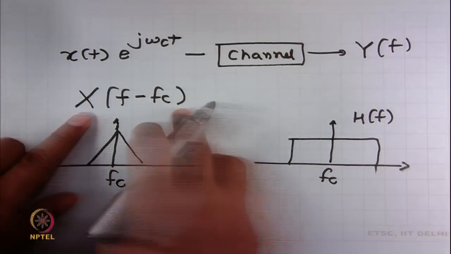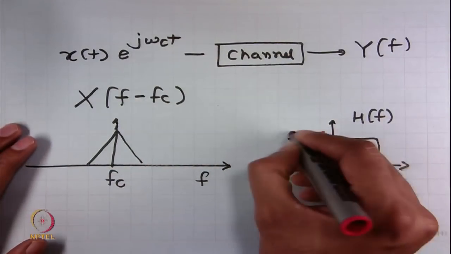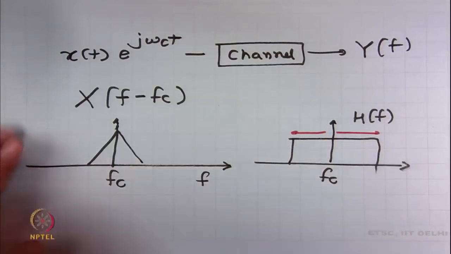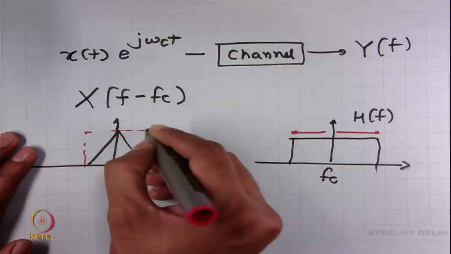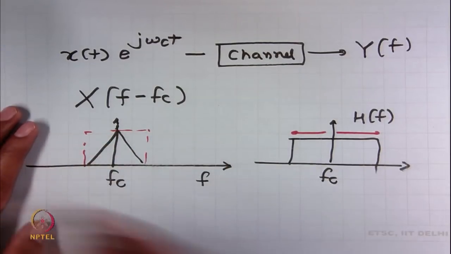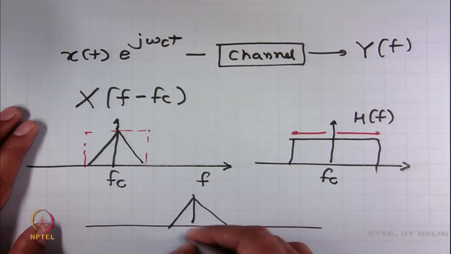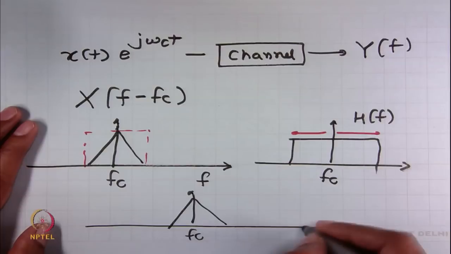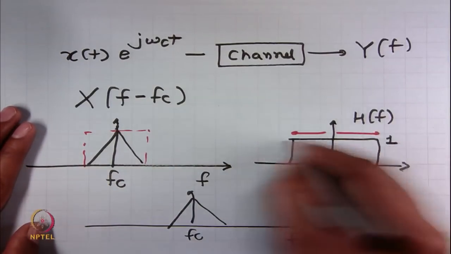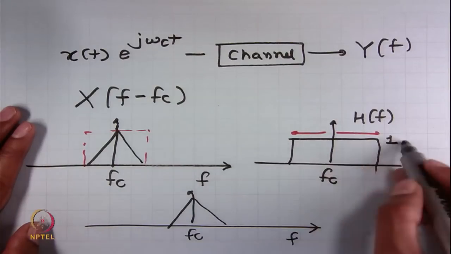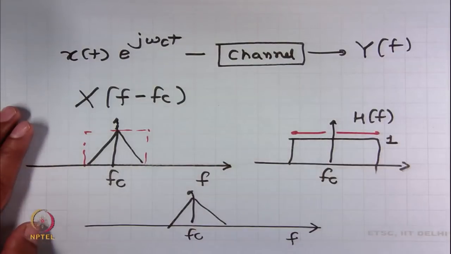Now, if you want to find the output, which will be the multiplication of this with this, and I assume that this is too wide, at least this width is much larger than this width, then what you get is, you have at the output an exact replica of the input available, especially if you believe that you have a flat H(f) with magnitude of 1 for a wide range of frequencies.